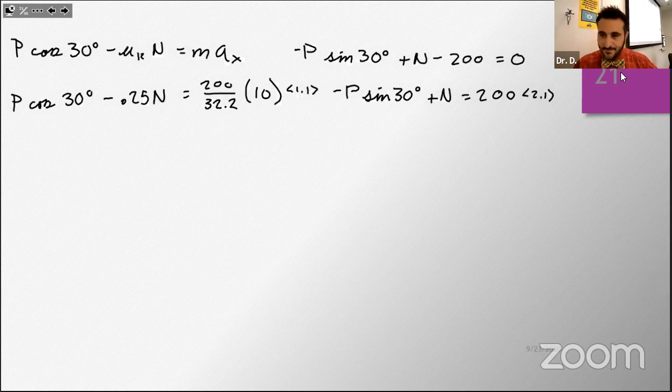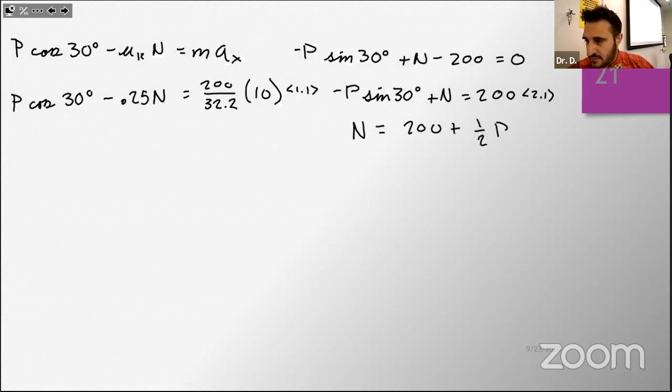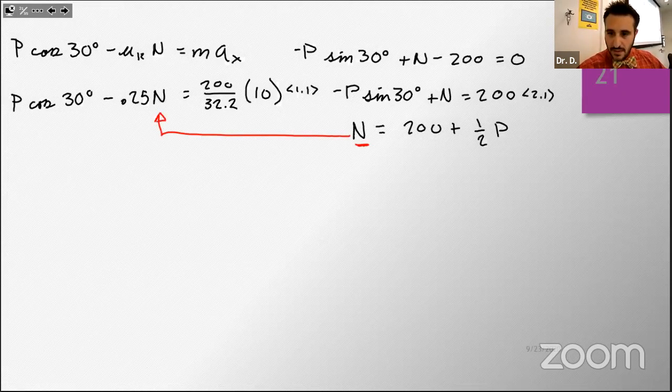So, what if we solve this one here for n? N is then equal to what? Well, it's going to be equal to 200 plus, well, sine of 30 is just 1/2. So I just did some algebra. I solved equation 2.1 for n, and I got 200 plus 1/2 P. I'm going to take this and put it in here.